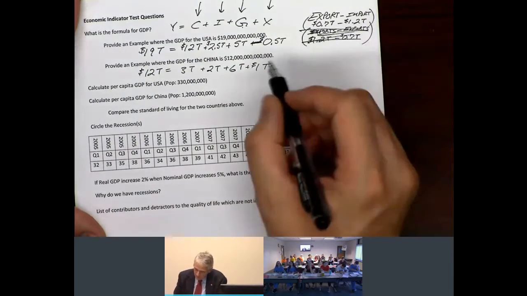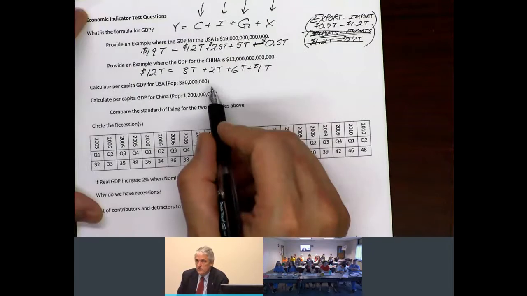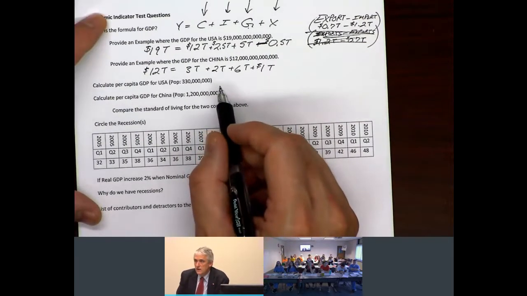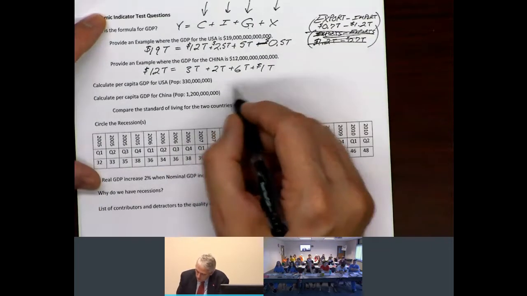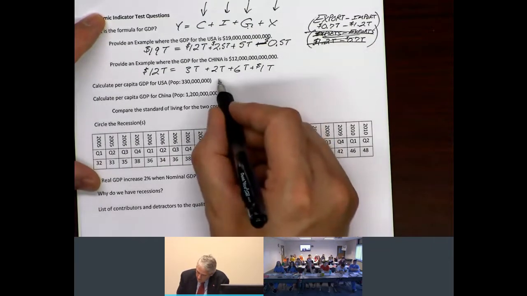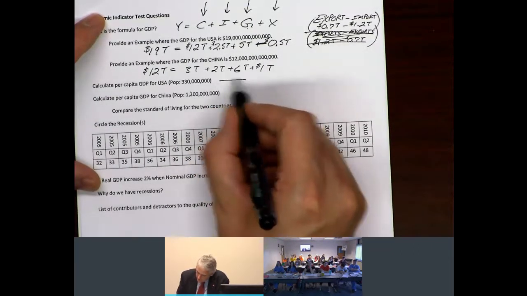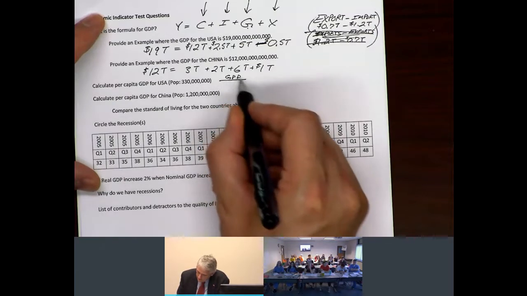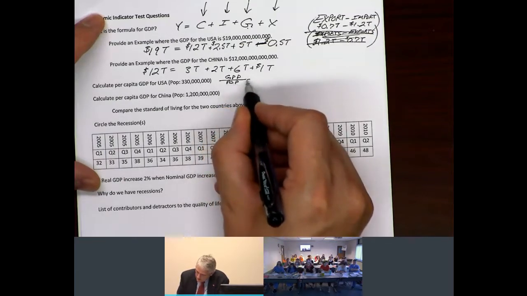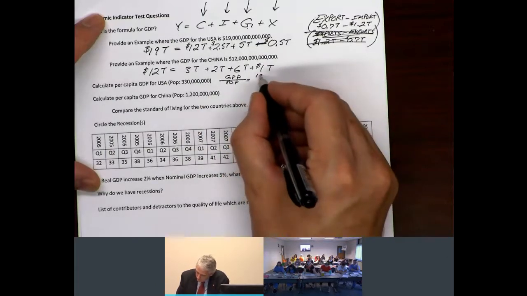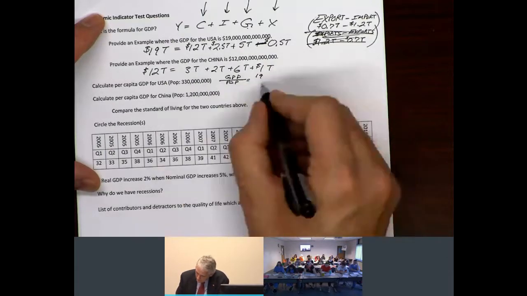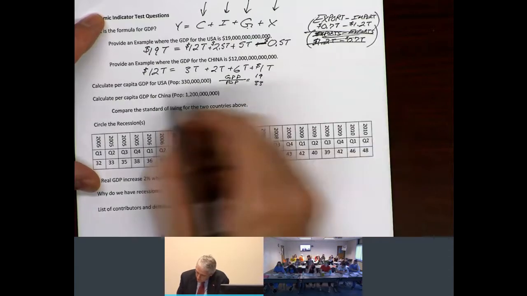All right, now we move into a new area. This is calculating GDP for the USA, and then we'll do it for China. I'll do it for the USA first. Per capita GDP is going to be the GDP divided by the population. The GDP for the United States is 19 trillion and the population is 330 million.